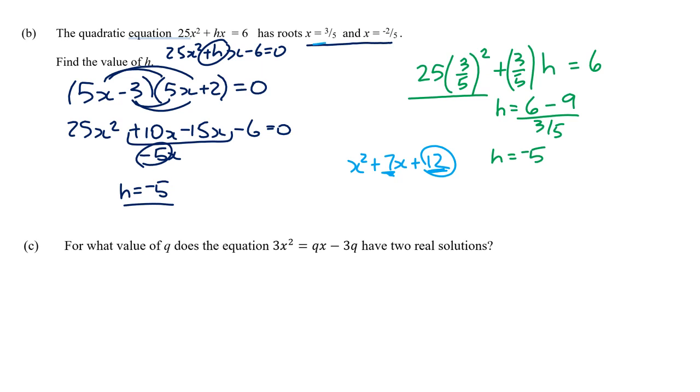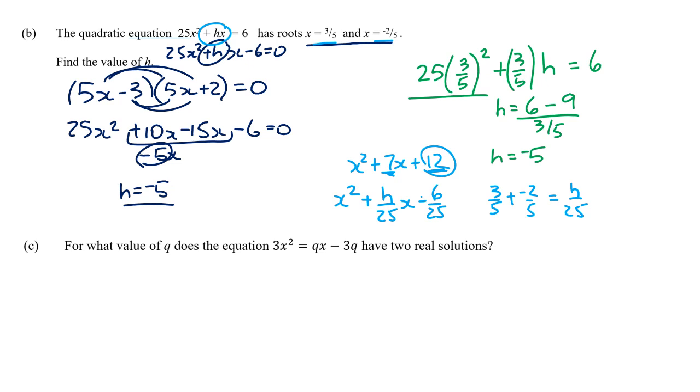So these two roots add to that there. Okay? So in other words, x squared plus h over 25 x minus 6 over 25, the 3/5 and the negative 2/5 is equal to h over 25. That's the marking schedule, the way they do it.